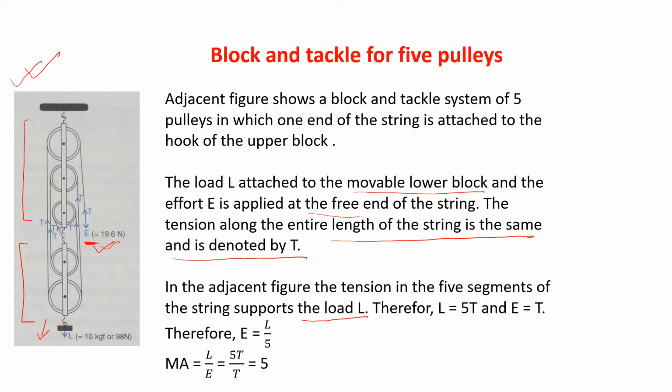So the load is supported by 5T because it is supported by 5 segments of the string. And the effort is supported by only 1T. So E is equal to T.